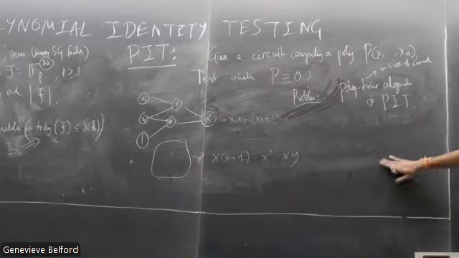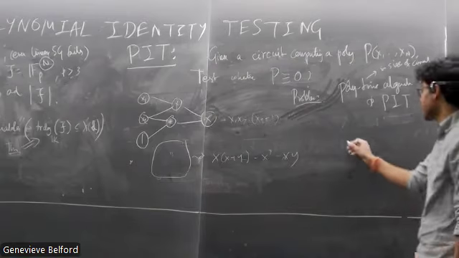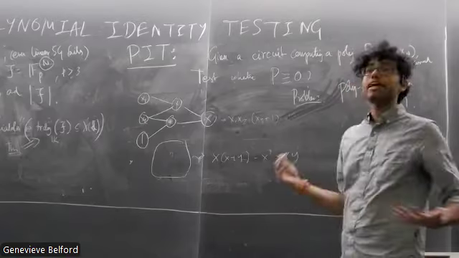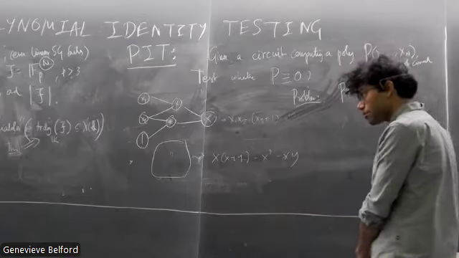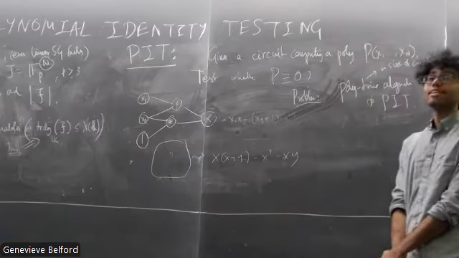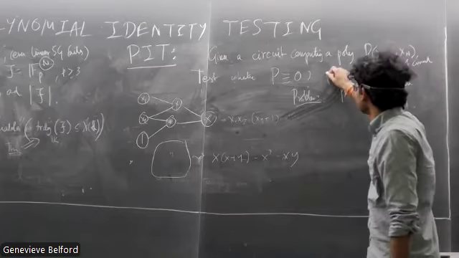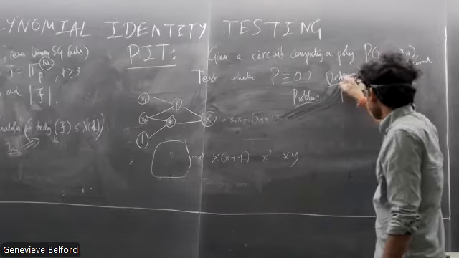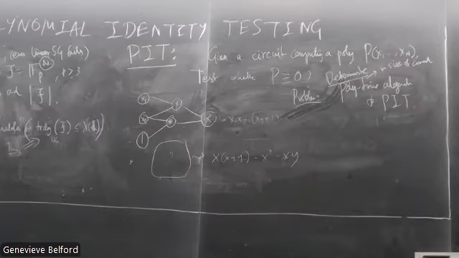There are many reasons this is important. First of all, let me say that there are efficient randomized algorithms which run in polynomial time, but we want a deterministic polynomial time algorithm. And why is this an interesting question?